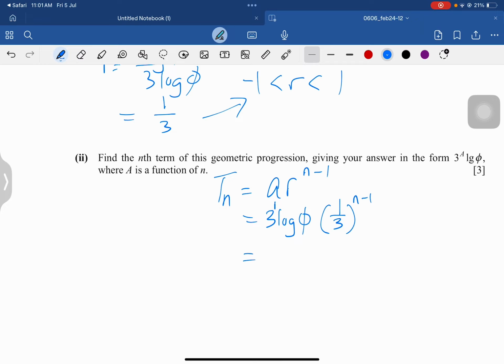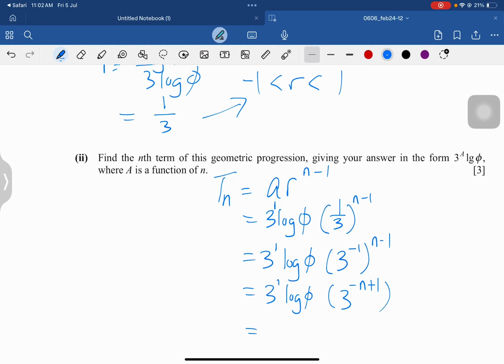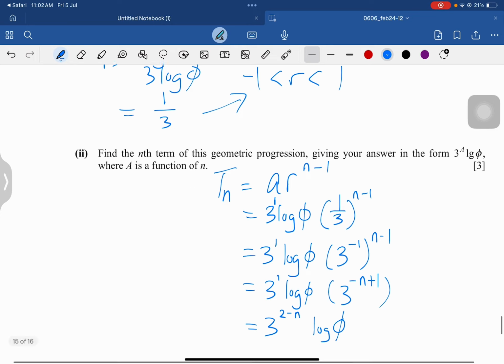Without writing the power 1 here, 3 power 1 log this thingy. This one end up become 3 to the power minus 1 times n minus 1. Open bracket, it's going to be 3 to the power of minus n plus 1. So 3 to the power of 2 minus n log this thingy. Yep, that will be your answer.